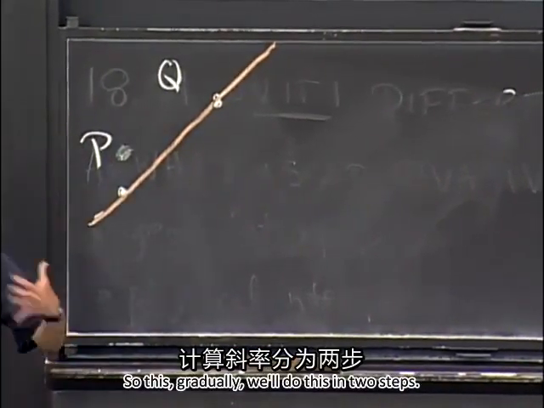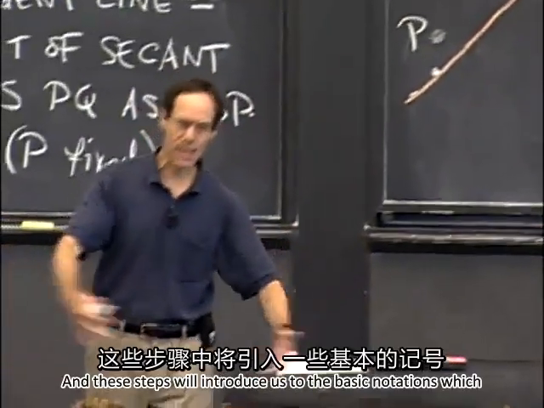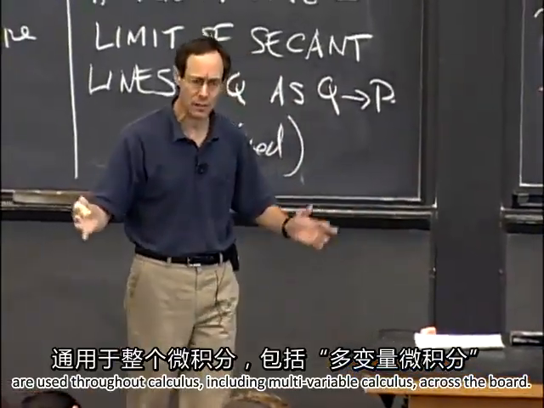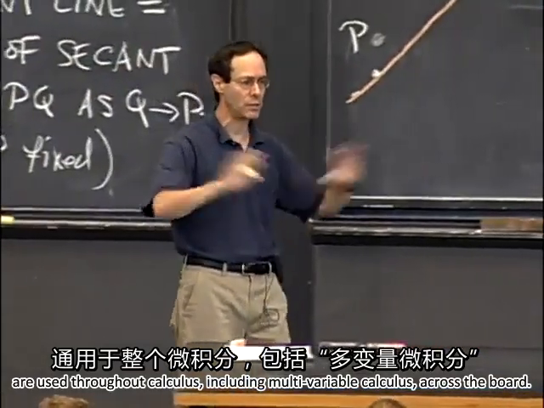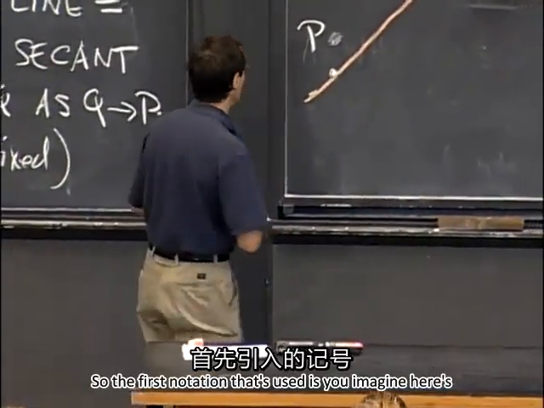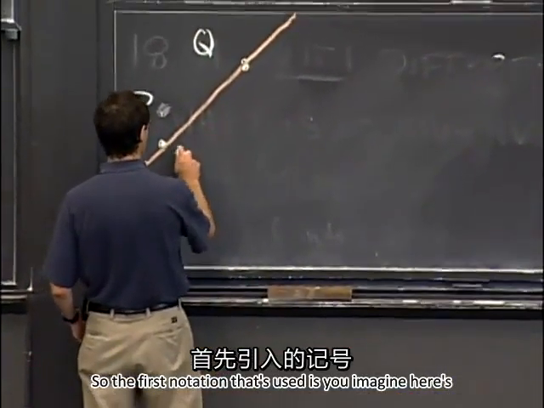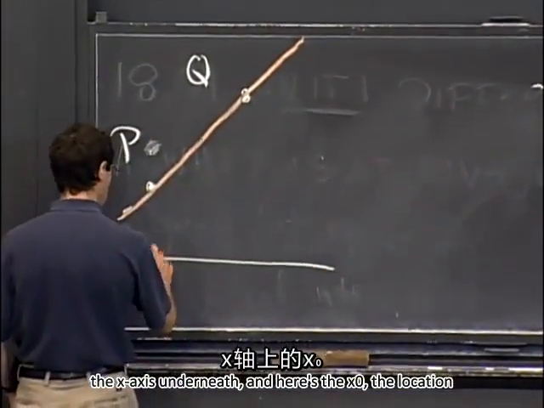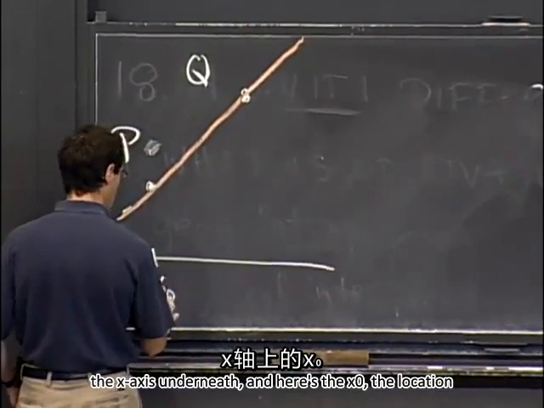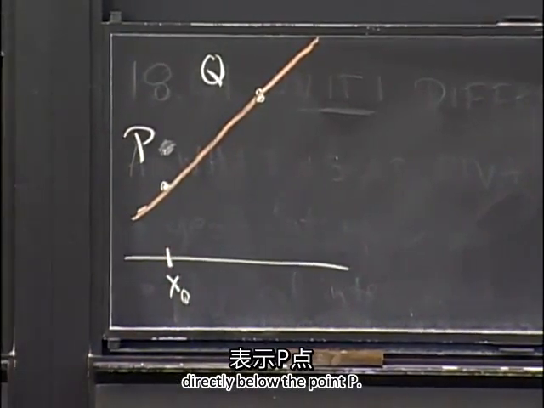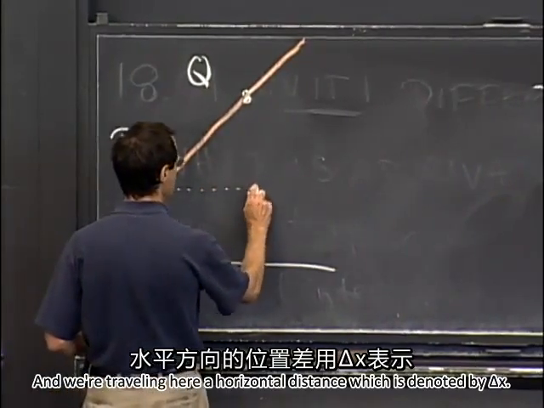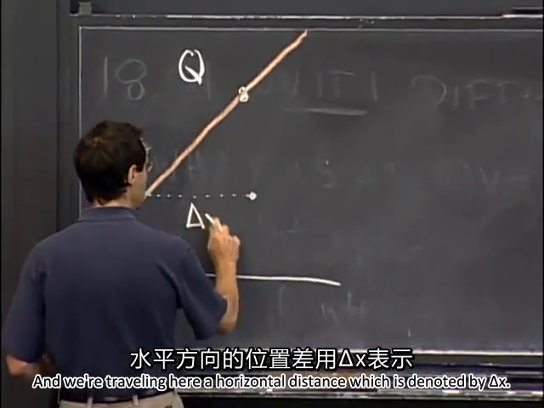And so we'll do this in 2 steps, and these steps will introduce us to the basic notations which are used throughout calculus, including multivariable calculus, across the board. So the first notation that's used is, you imagine here's the x-axis underneath, and here's the x0, the location directly below the point P. And we're traveling here a horizontal distance, which is denoted by delta x.